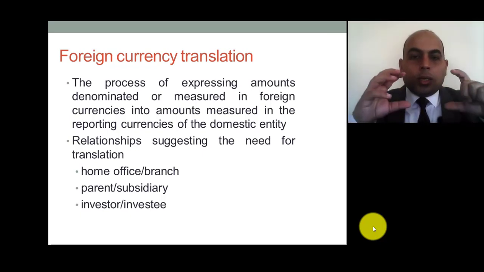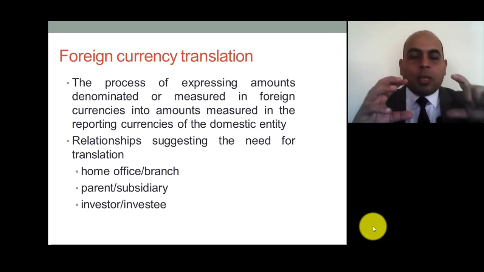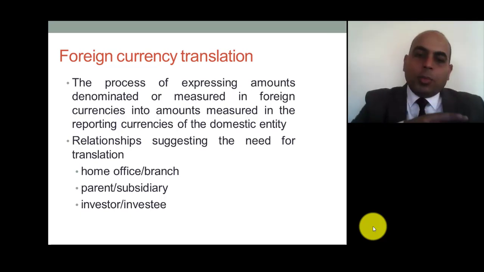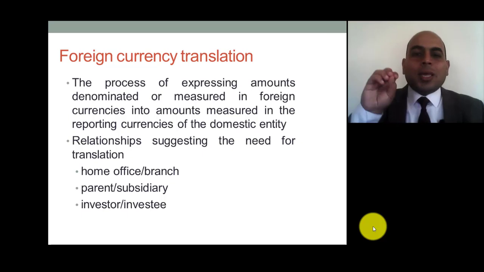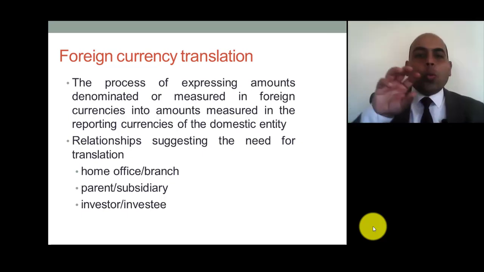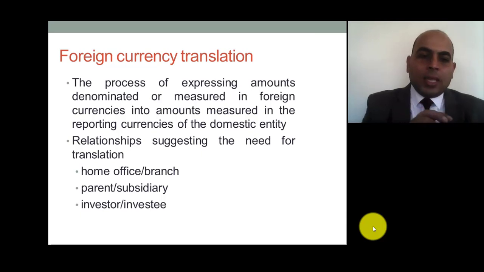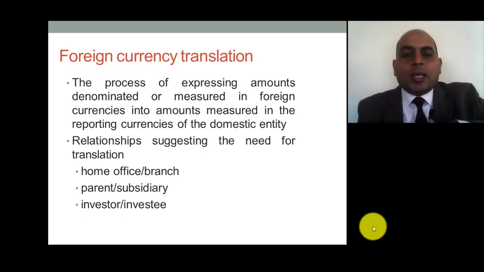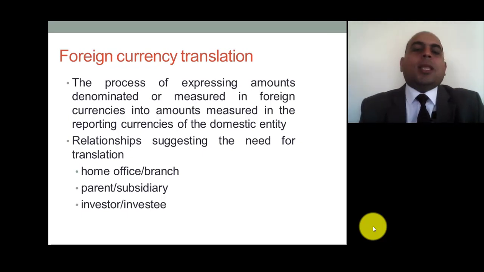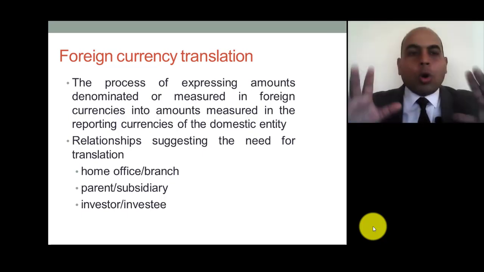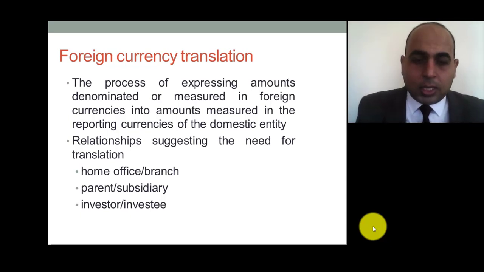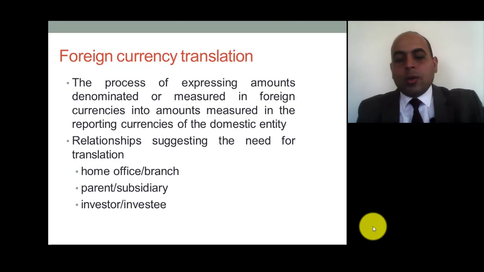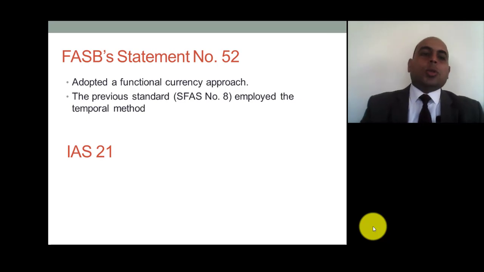This movement, or this converting from Egyptian pound to Jordanian dinar, we call foreign currency translation. How we convert the financial statement prepared in Egyptian pounds into a financial statement disclosed in Jordanian dinar, we call foreign currency translation.